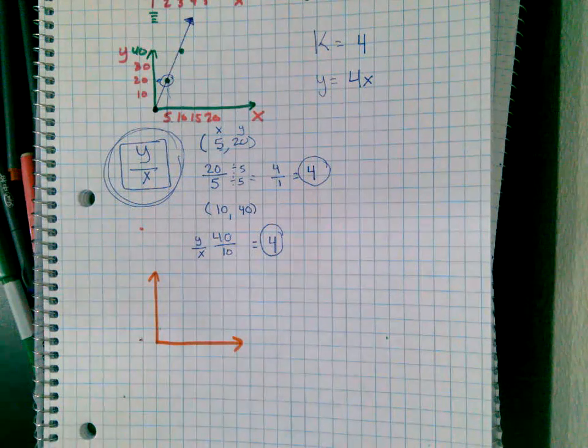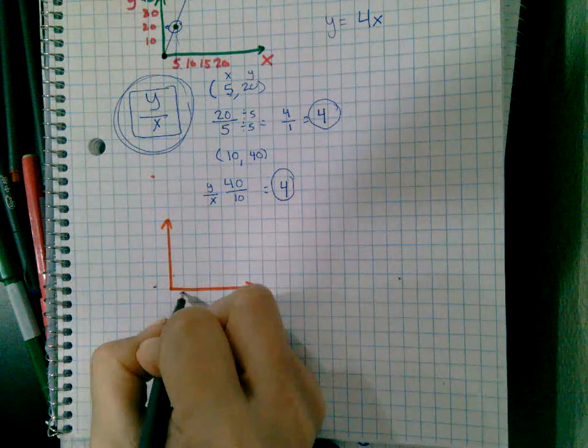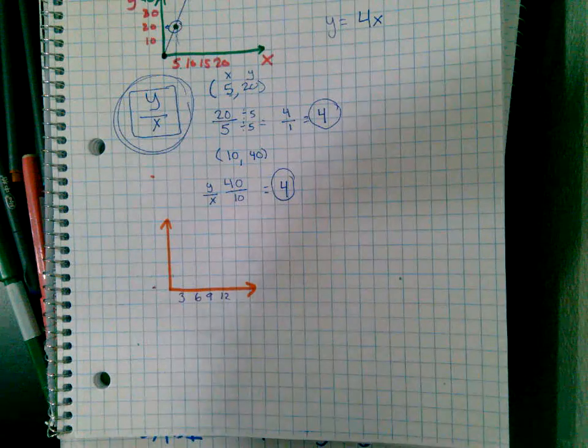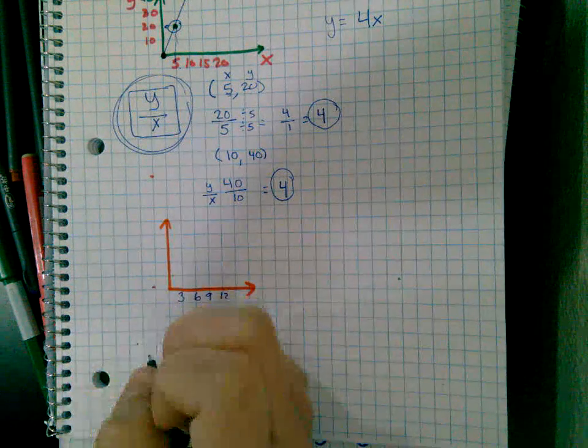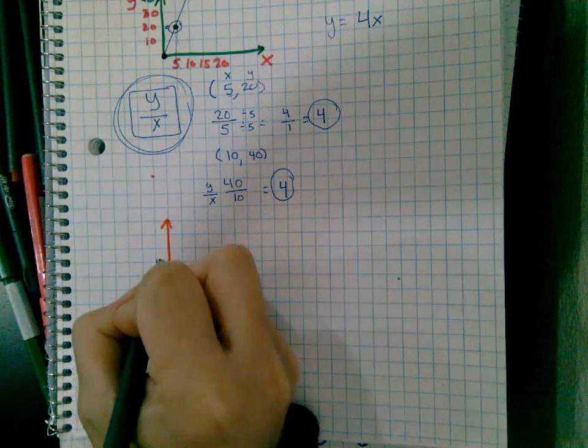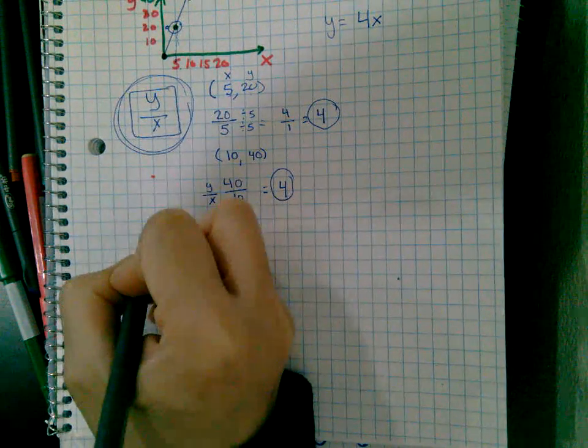Let's go on the bottom. Let's count by threes: 3, 6, 9, 12. And let's go by twos: 2, 4, 6, 8, 10.